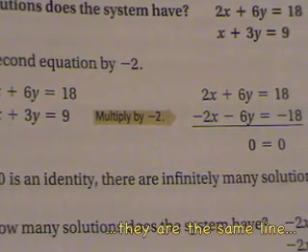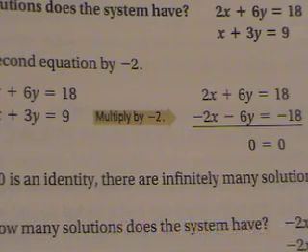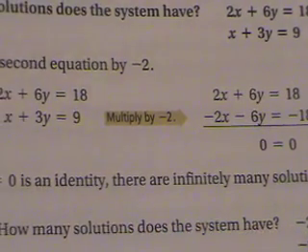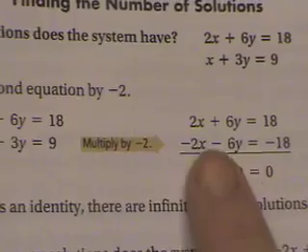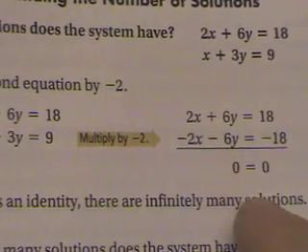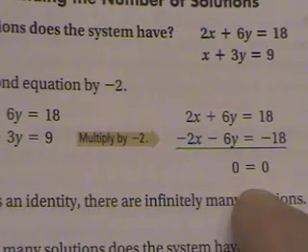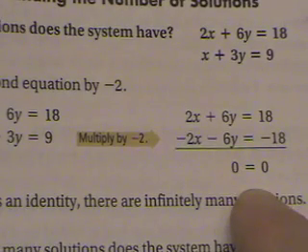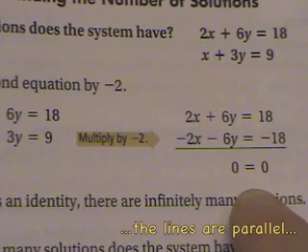If we were to graph that, what would the graph look like? Think about it. The other option is if you were to solve this and nothing works, that means that your system has no solution, which means something else. So think about that too.